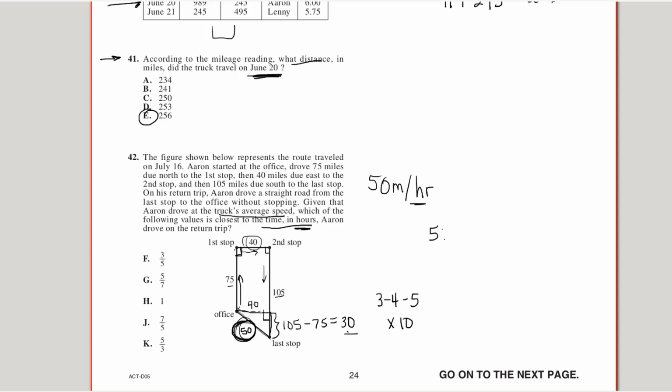So he traveled 50 miles at 50 miles per hour. So we're going to multiply by 1 over 50 miles per hour. So we'll get the hours in the numerator now. We'll get those to cancel. 50 over 50 turns out to be nice and even 1. So he traveled 1 hour on that last stop to the office.